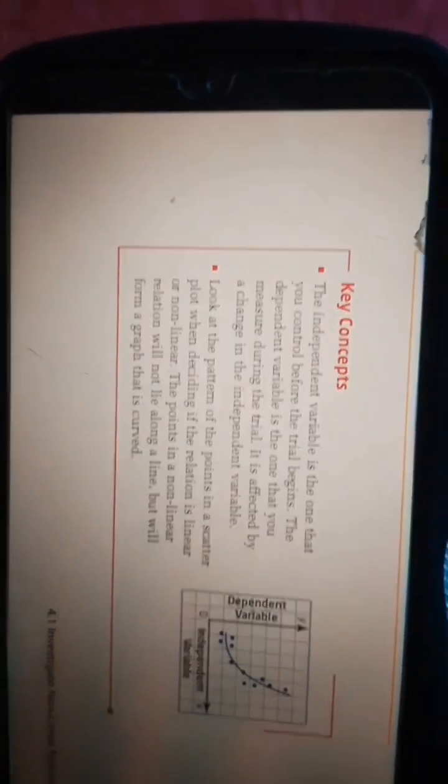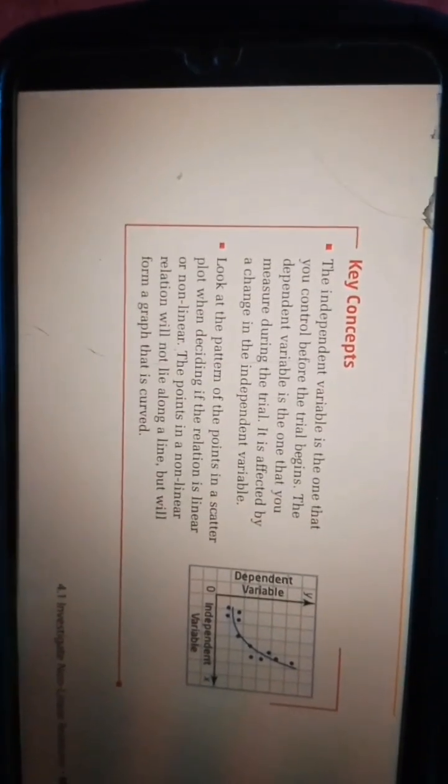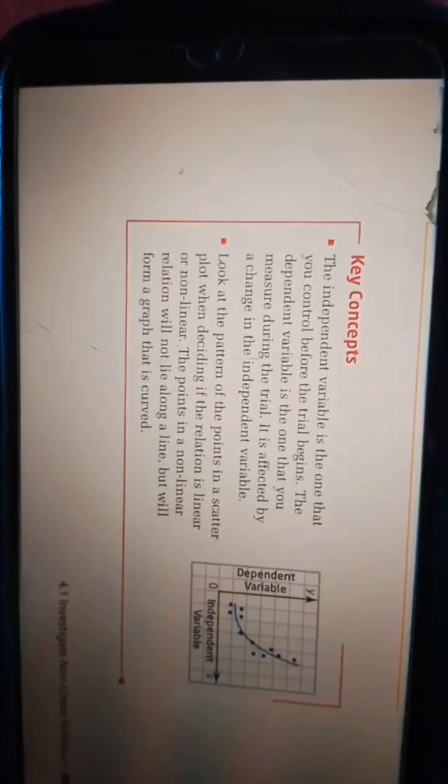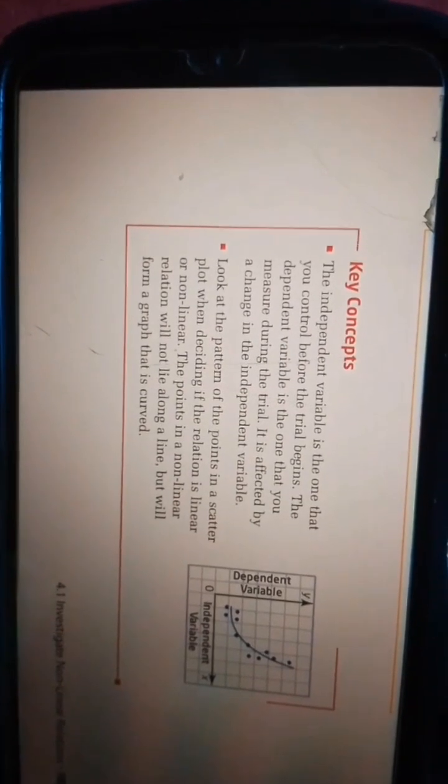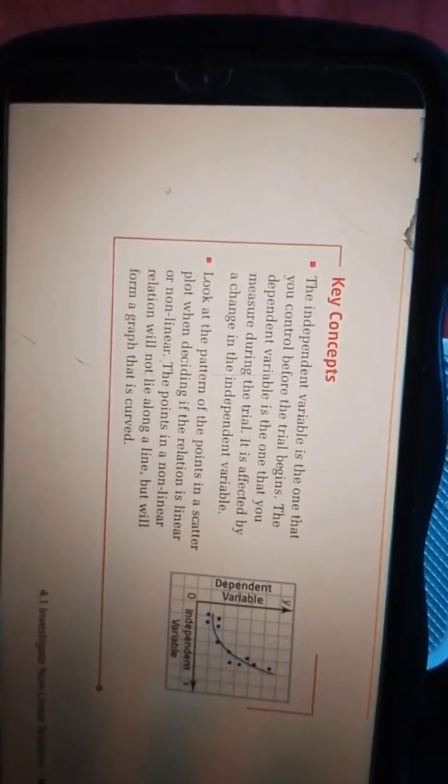The independent variable is the one that you control, and the dependent variable is the one that you measure during the trial. The dependent variable is affected by a change in the independent variable.